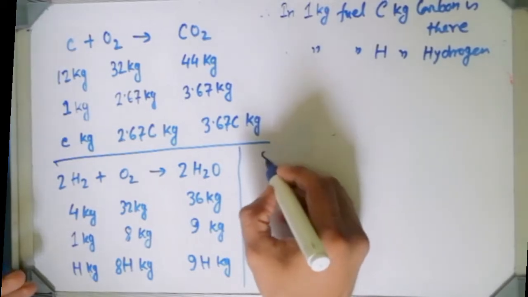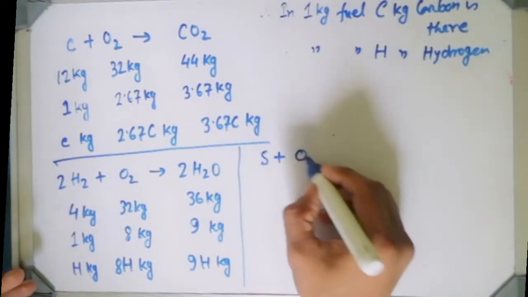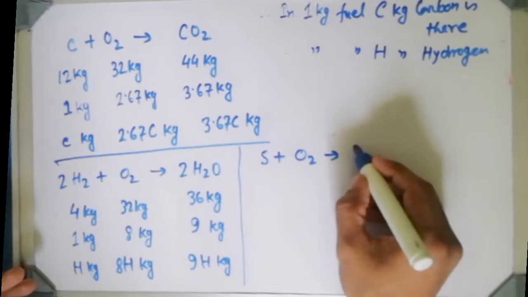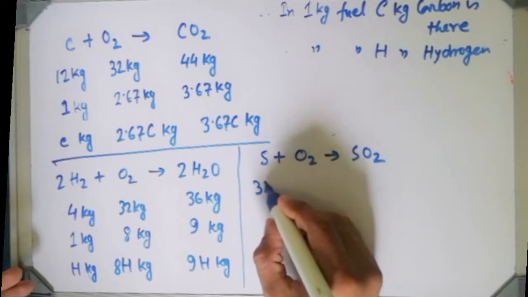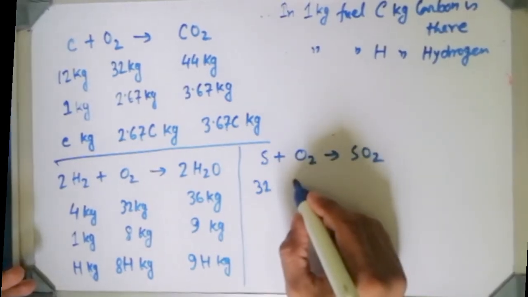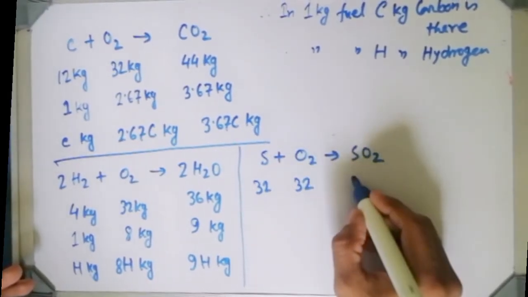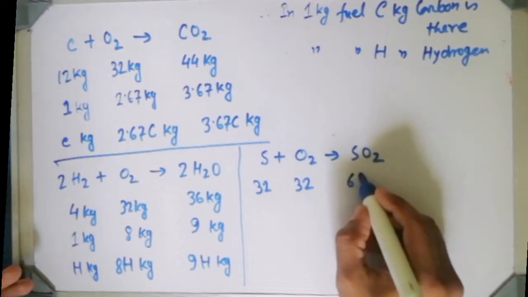And sulfur, if it is there in the fuel, will also oxidize in this manner. Sulfur atomic mass is 32 and oxygen will also be 32, and sulfur dioxide will be 64.